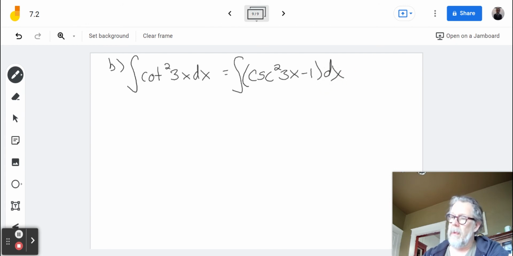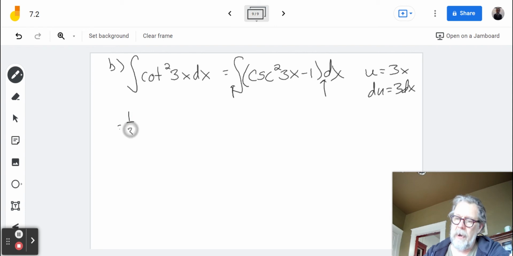Hey, we know this one. We'll let u equal 3x, du equals 3 dx. We'll shove a 3 in here and a 1/3 out here. So this becomes 1/3 the integral of cosecant squared of 3x minus 1 times 3 dx.